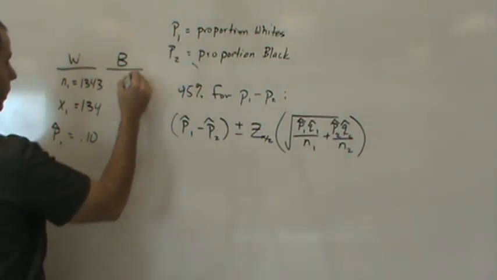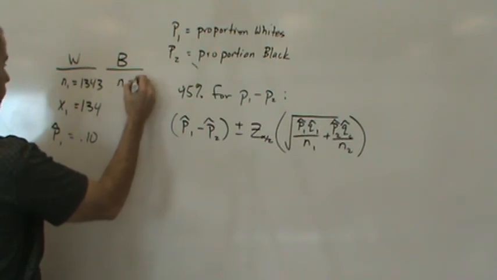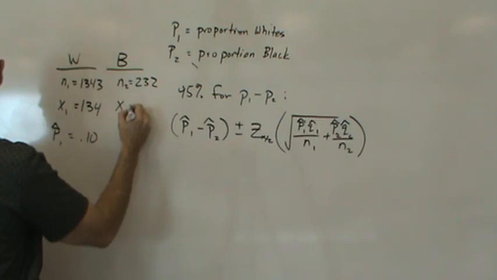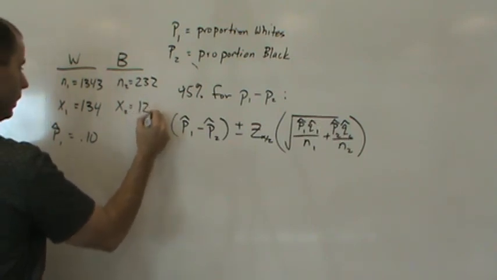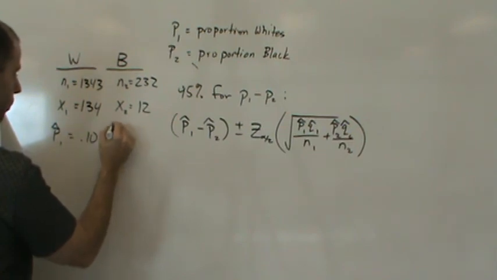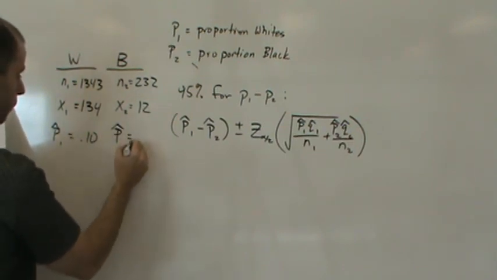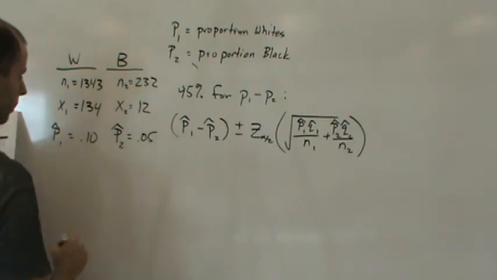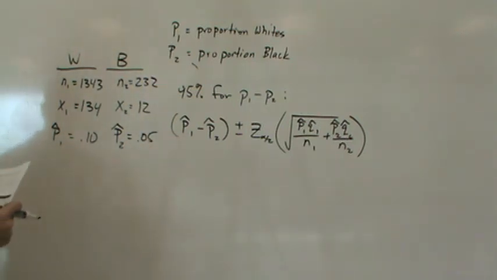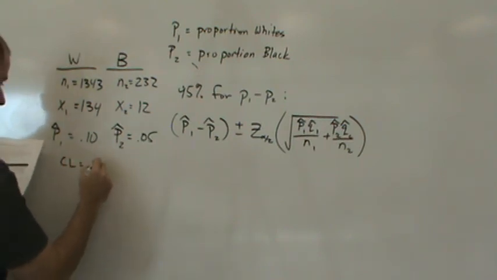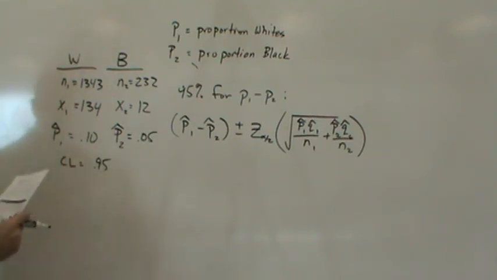Over here, N2 equals 232, and we calculated that X2 is equal to 12. P hat 2, based on what we were given, is 5% or 0.05. And the confidence level equals 0.95.